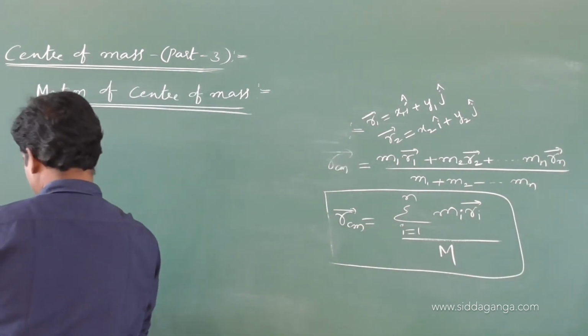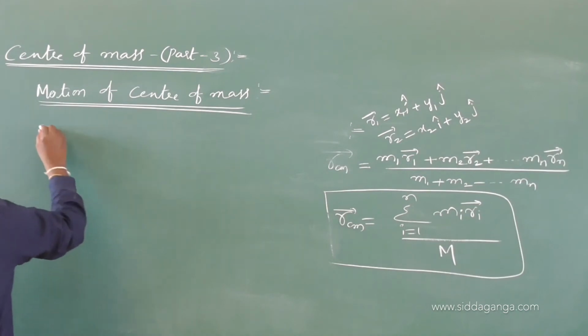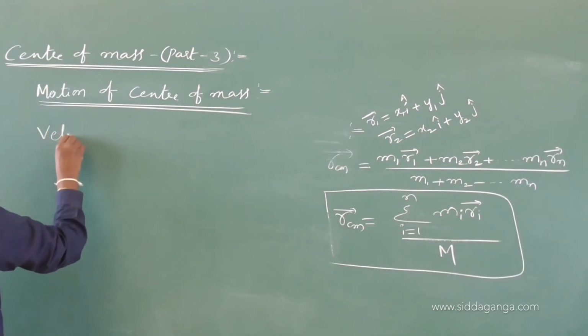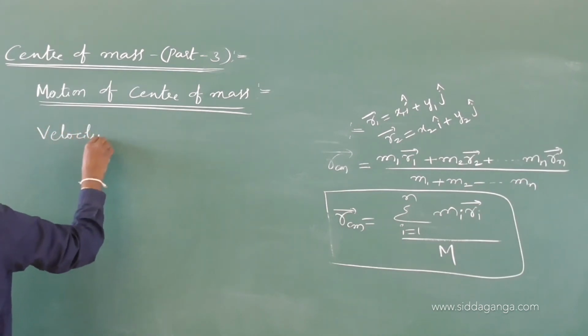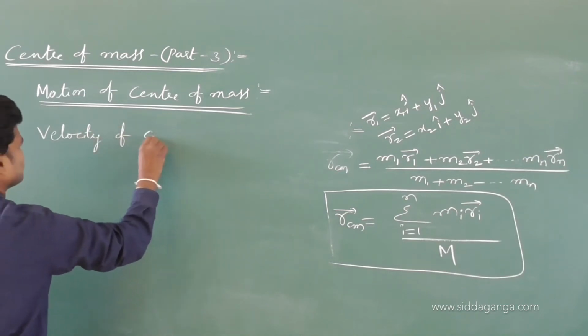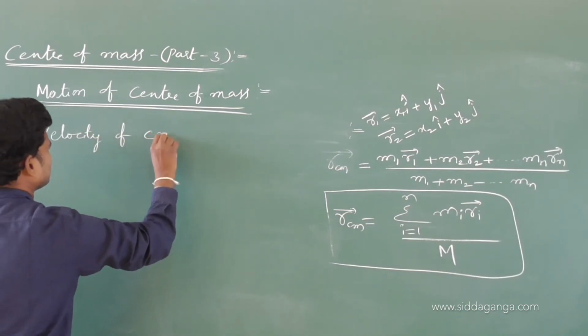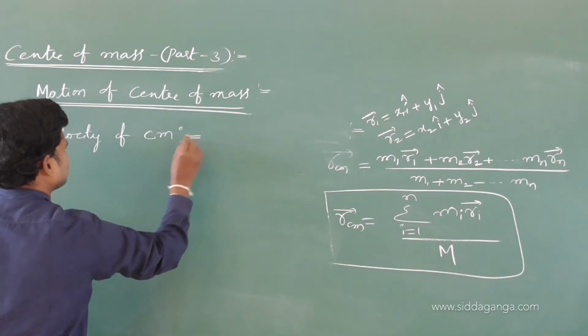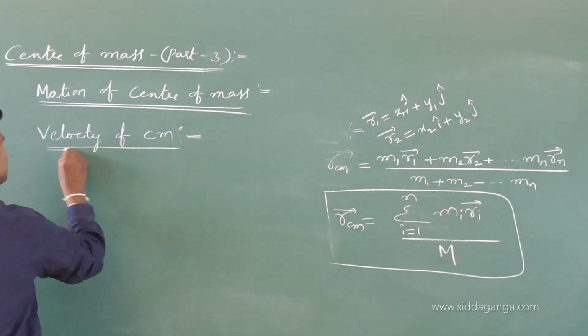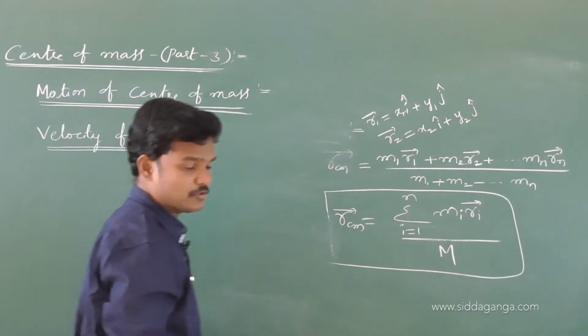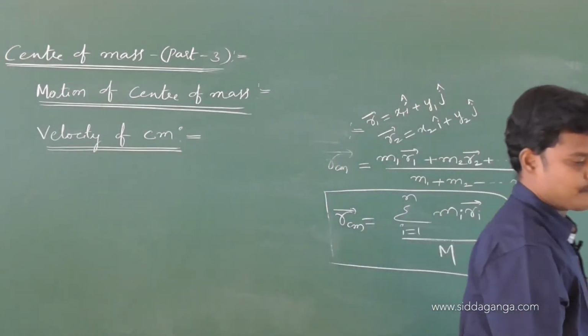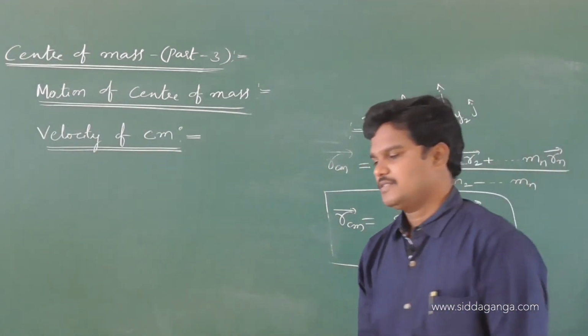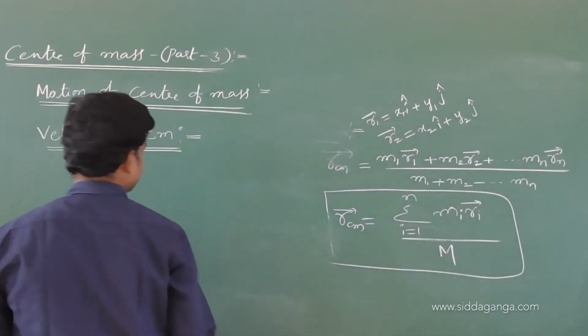Write the heading now: velocity of center of mass. This is useful for your board level exams.